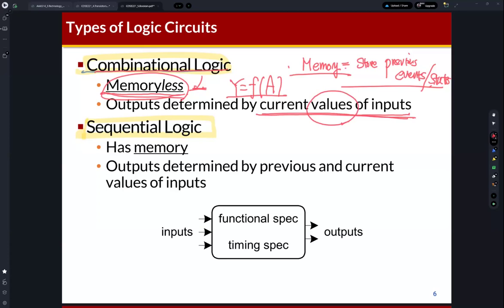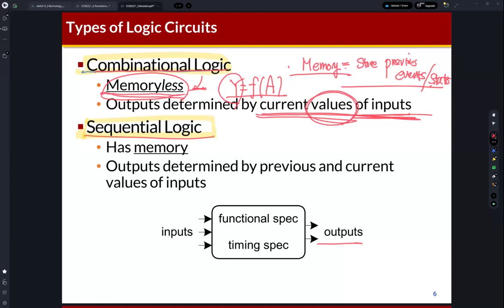So combinational logic is a memoryless component. The output of combinational logic is determined by only the current values of the input. This is the definition of combinational logic.